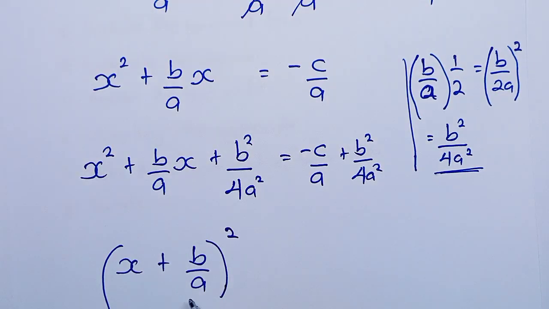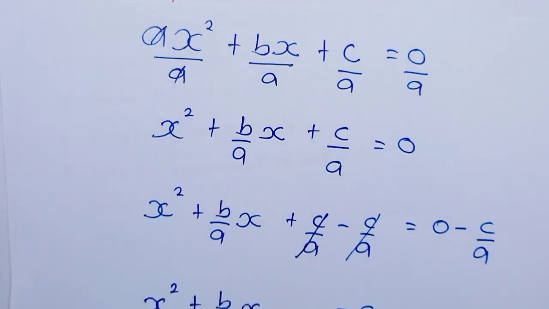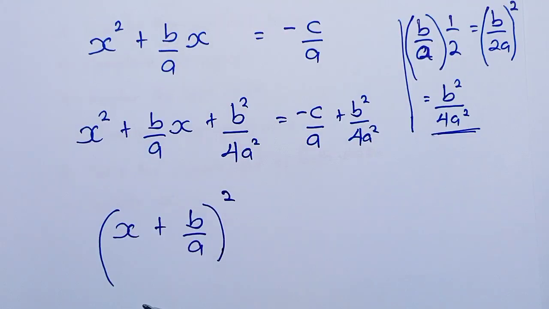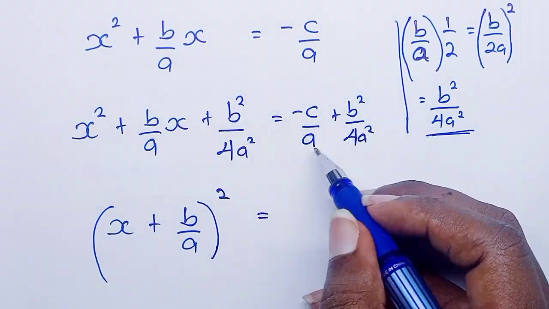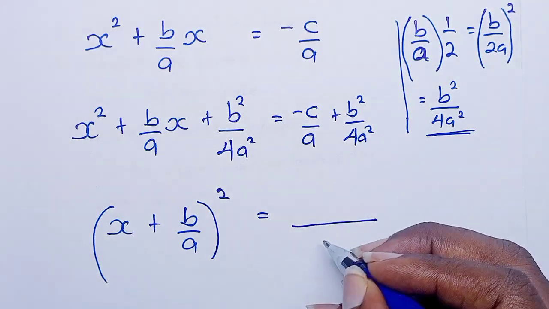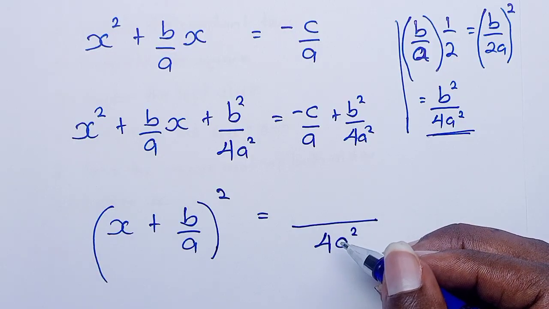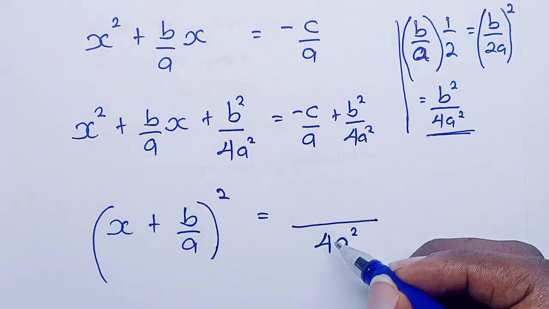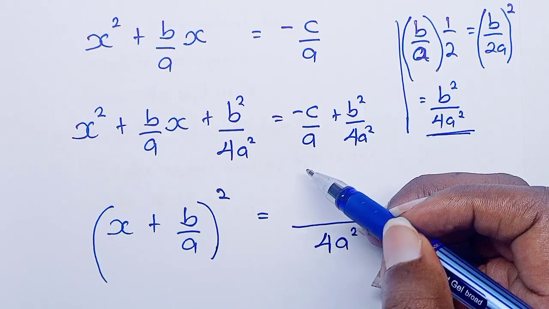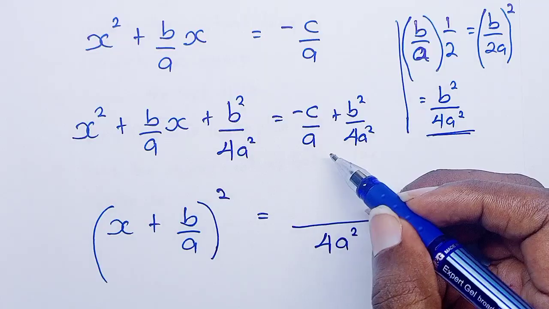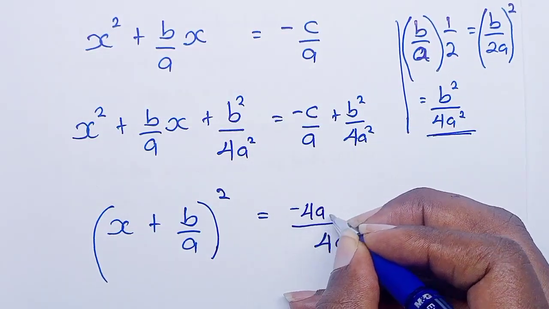So after factoring the left side, the next step is to simplify the right side. Now our right side, we need to get the common denominator, which in this case is 4a squared. So now 4a squared divided by a is 4a, then 4a times negative c is negative 4ac.